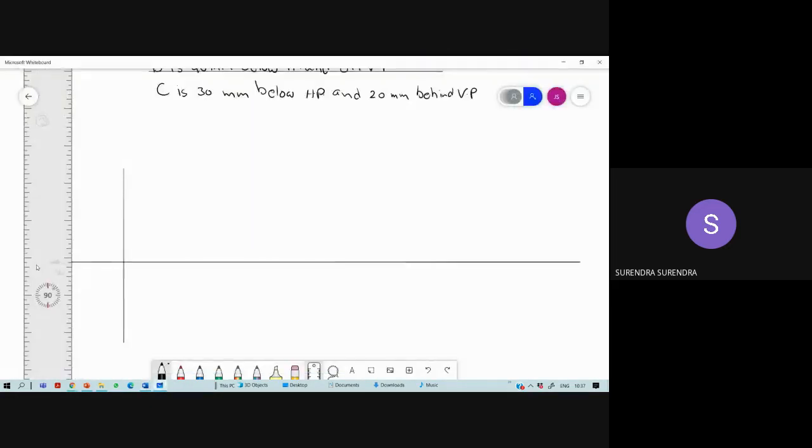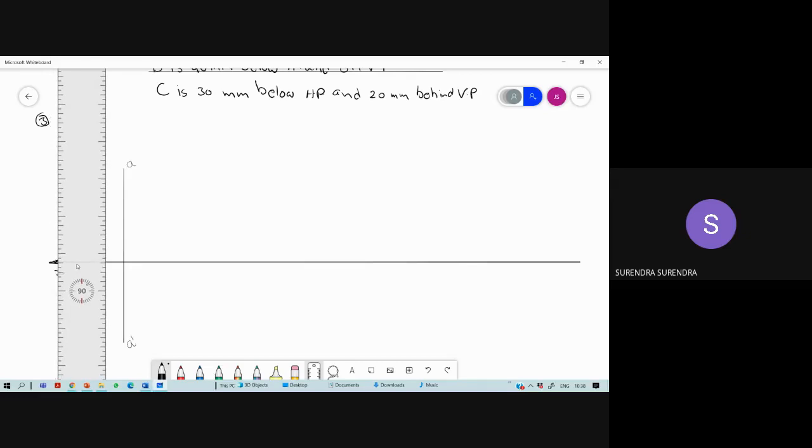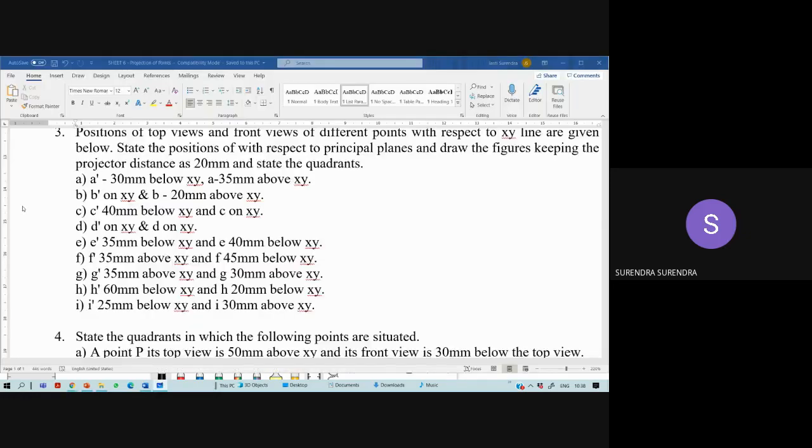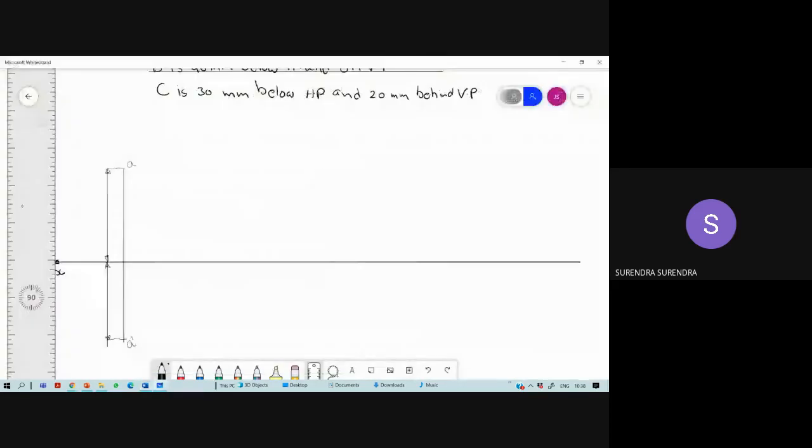Complete it with dimensioning. Use an H pencil for dimensioning and 2H for the rest.